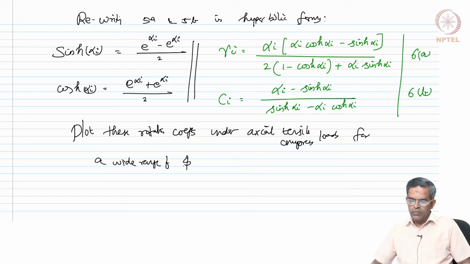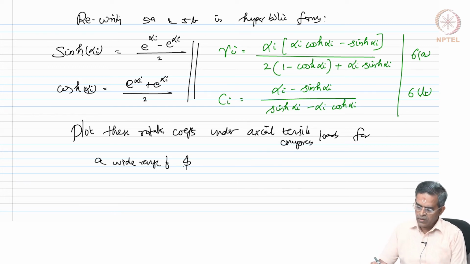Phi is a variable, no? Phi is a variable. These typical tables are available in the literature of stability books. That is called stability tables. I can say stability constants.